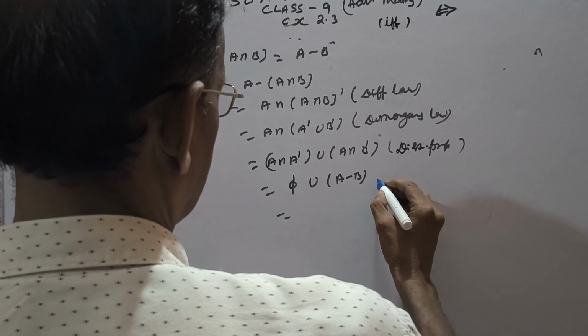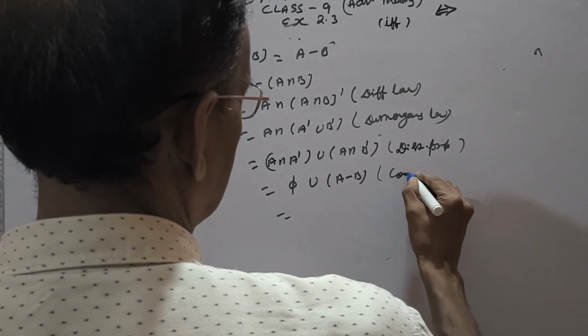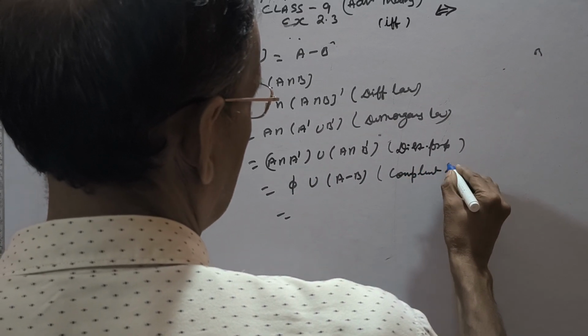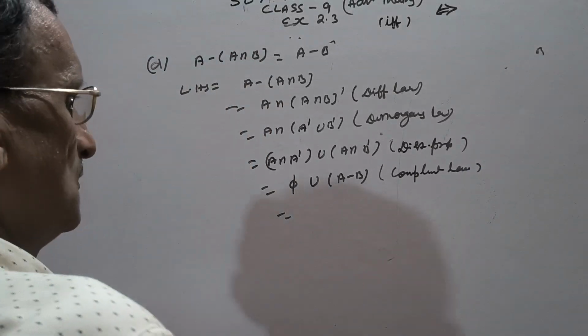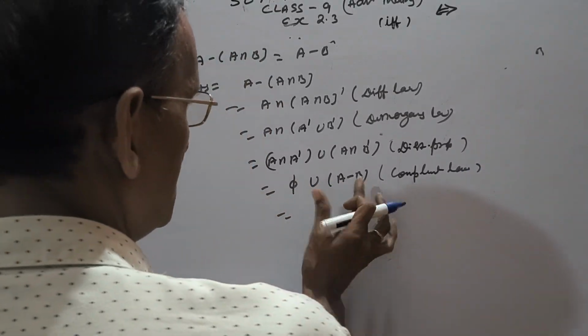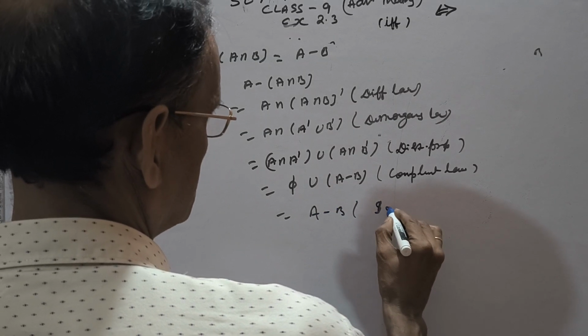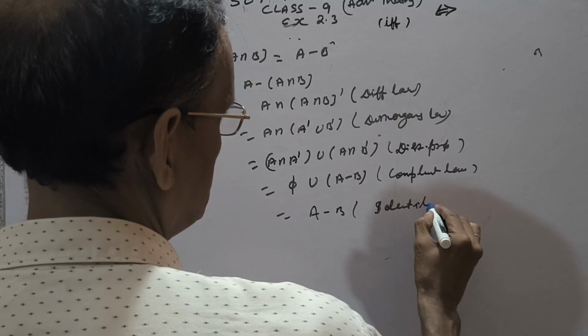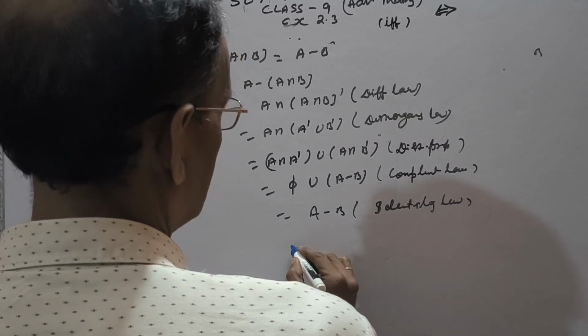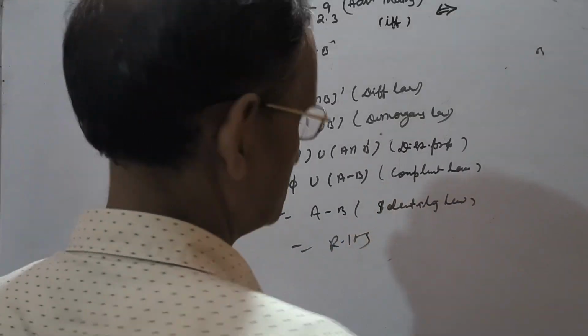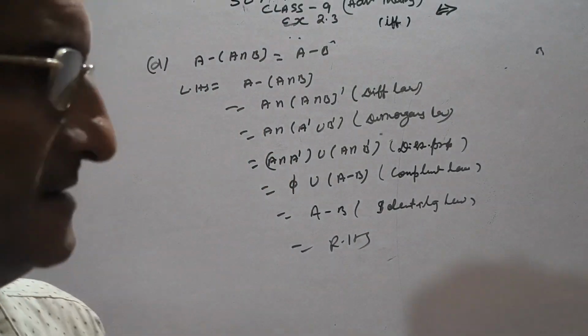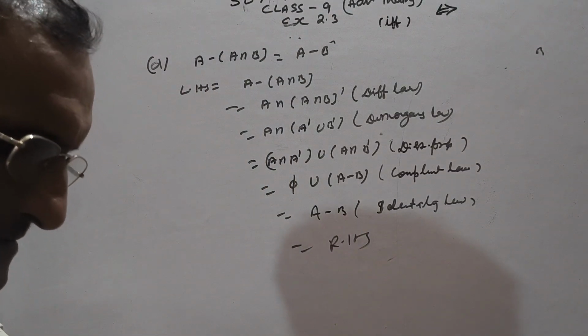This is the complement law. You see, phi union anything means A minus B, identity law. And that is the RHS. Okay, then number D done, then number E.